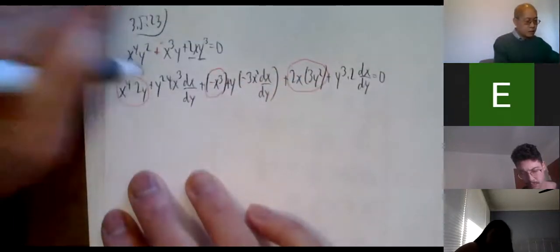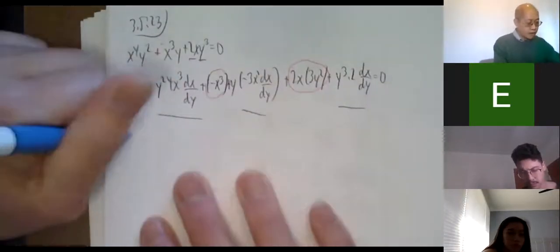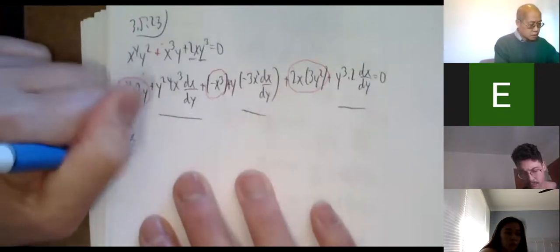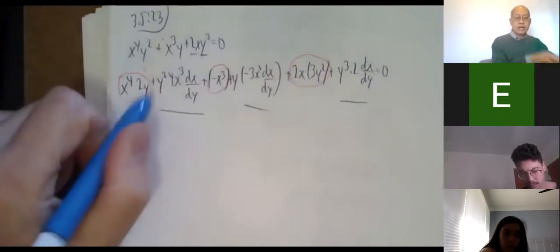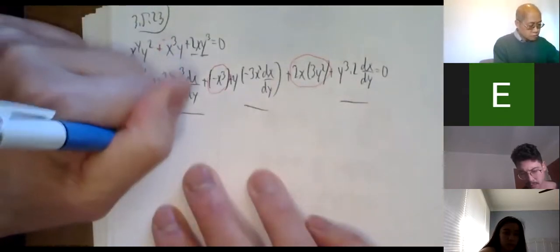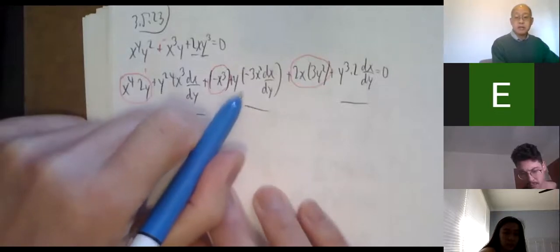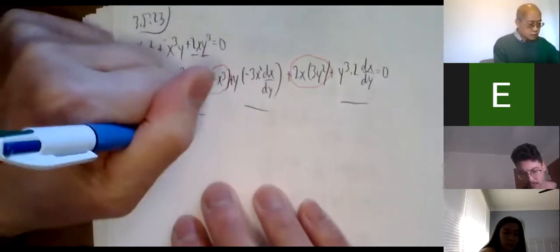So these three go on the other side. And that one, and that one all have dx/dy. I will factor out the dx/dy. And that's going to be 4x cubed y squared. That one is minus 3x squared y.